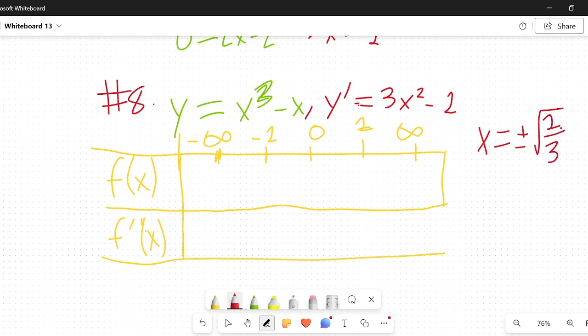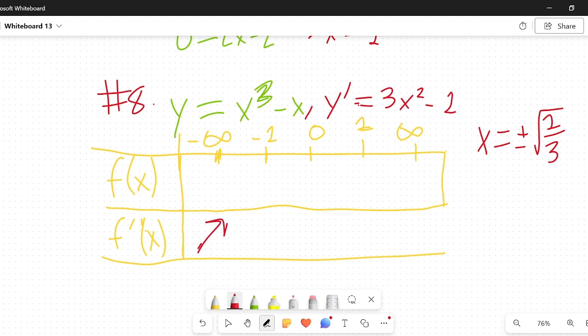So these are the values where it equals 0. And if we plug in negative infinity into this function, this x squared term will always be positive, so it's going to be up, like so.